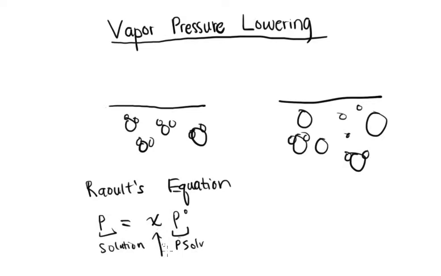And this is the mole fraction of the solvent in the solution. Basically all it's saying is if this is 1, that's denoting a pure solvent, and so the vapor pressure of the solvent will equal the vapor pressure of the solution. But essentially, the lower the ratio of the solvent, the greater the number of solute particles, the lower the vapor pressure will get because of that.